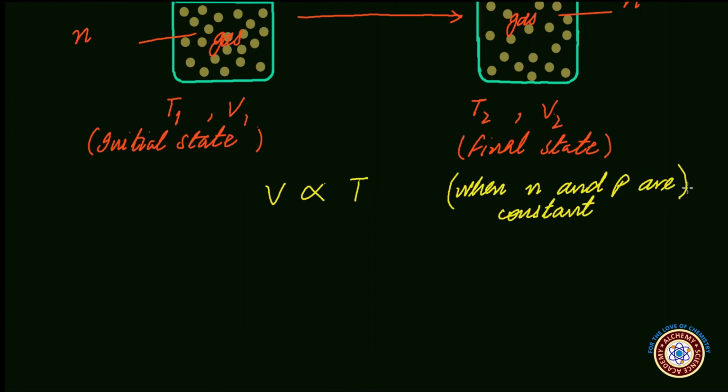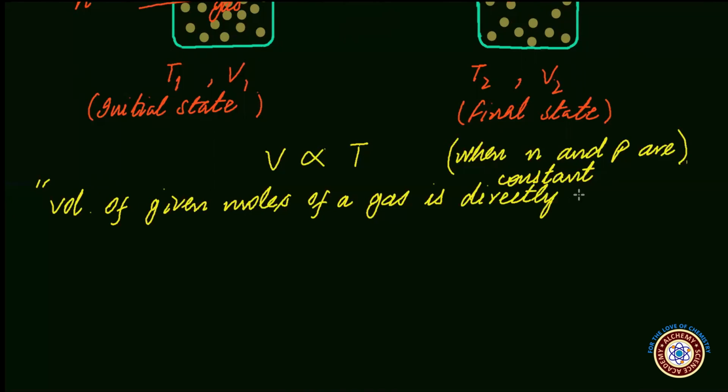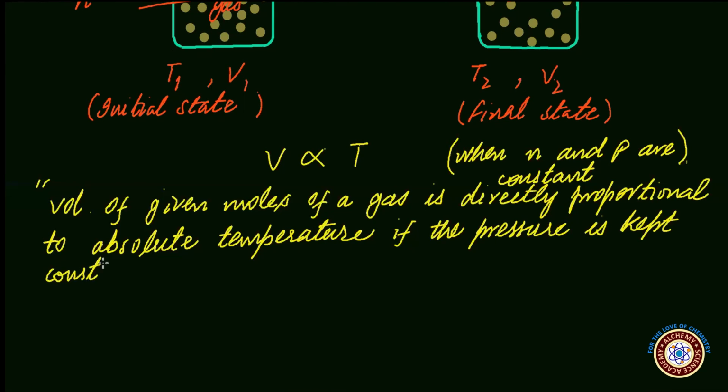This is the statement of Charles' law. Now let us write the statement of the law. Charles' law states that the volume of given moles of a gas is directly proportional to absolute temperature if the pressure is kept constant.